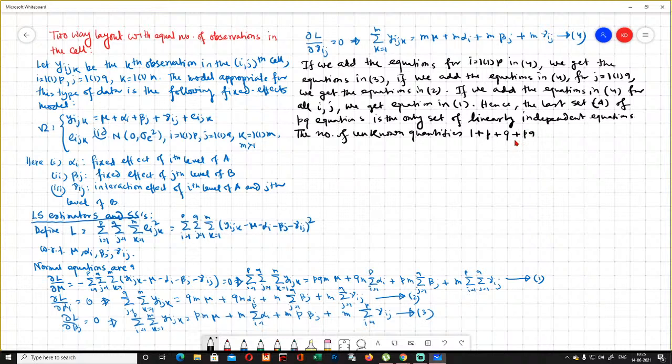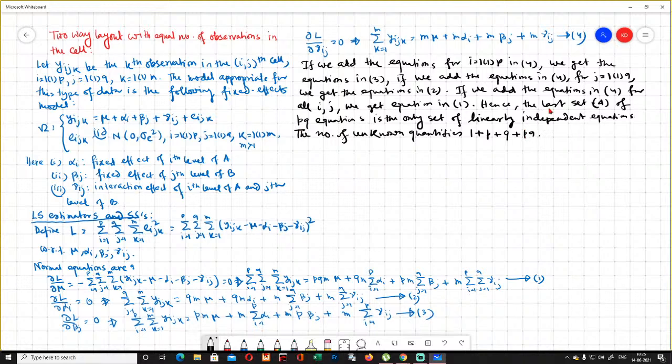So the number of unknown quantities is pq plus p plus q plus 1, which is greater than the number of equations pq.